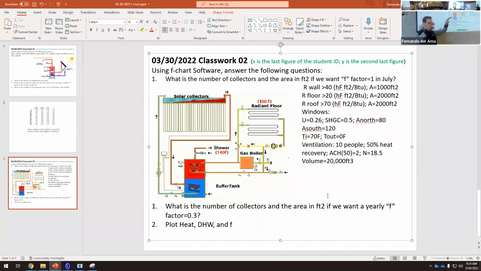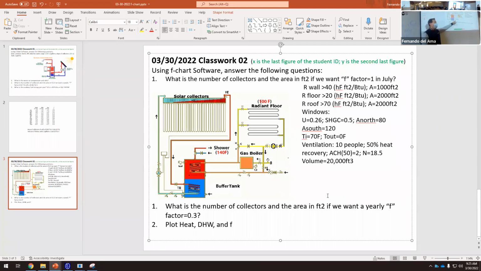That's why we have this pipe going to the shower always on the top, and this heat exchanger that comes from the solar collectors always at the bottom. So the solar collectors are heating this up, the hot water is going up, and the cold water is going down again.